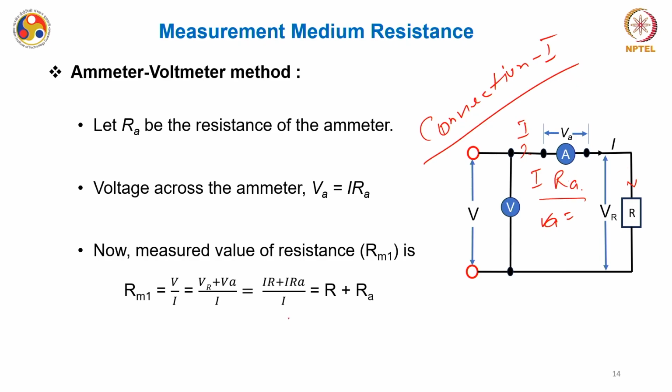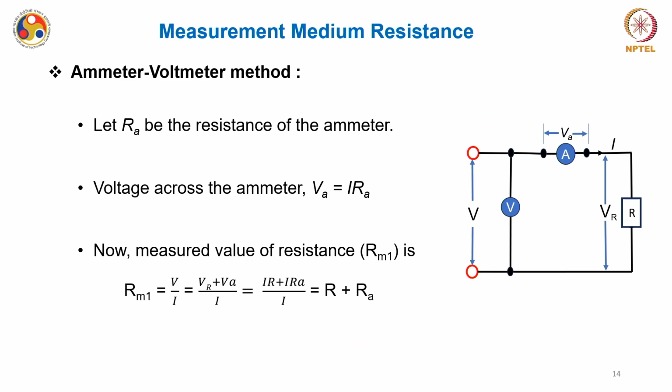Now, divided by I, RM1 is equal to R, which is the unknown resistance, plus this ammeter resistance. RM1 is equal to R plus RA.